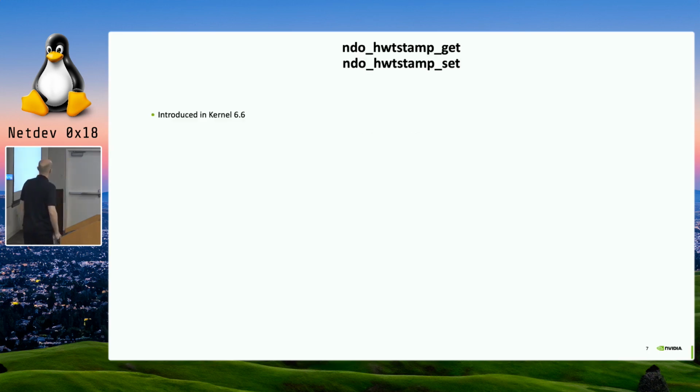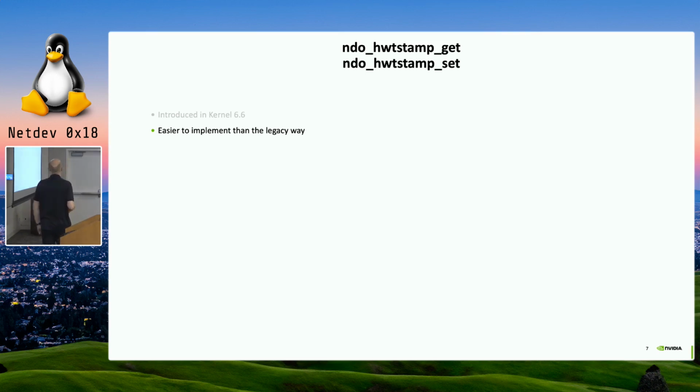To support those ioctls, there are two function pointers in the Netdev structure, introduced in kernel 6.6, that take care of that and are easier to implement. In the past there was a generic ioctl that you needed to implement fully, copying the buffer back and forth and resolving which ioctl you actually were called for.